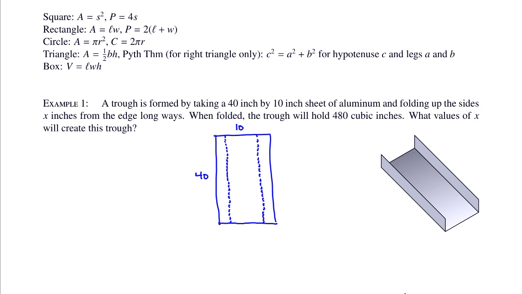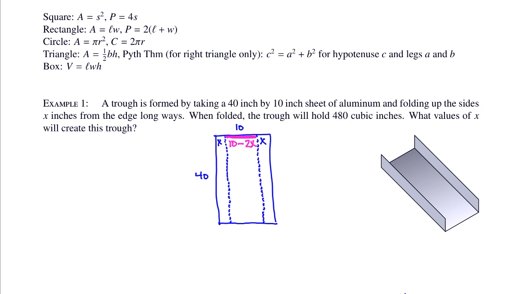So this is x, and this is x, distance away from the edge. And then the question is, how much does that leave in the middle? How long is this base going to be right here? Well, if the whole edge is 10 inches wide, we take x from one side and x from the other side, we end up taking 2x away. So this middle piece is going to be 10 minus 2x.